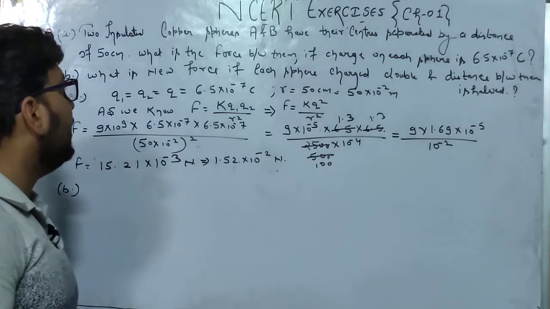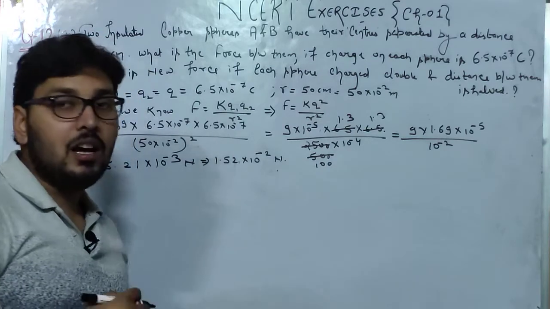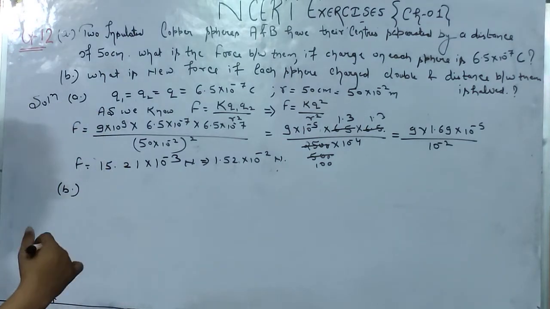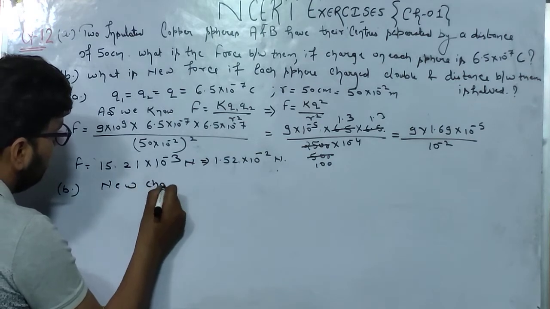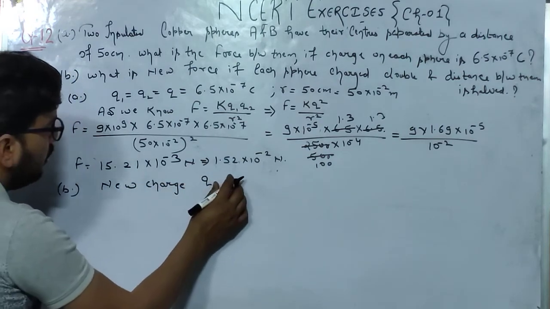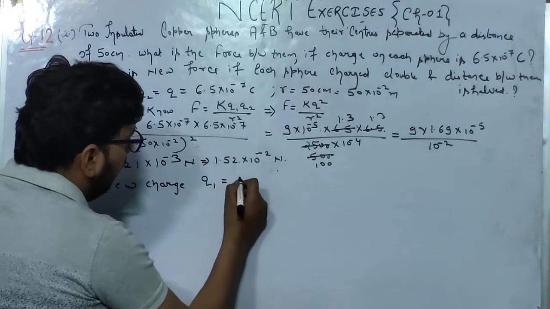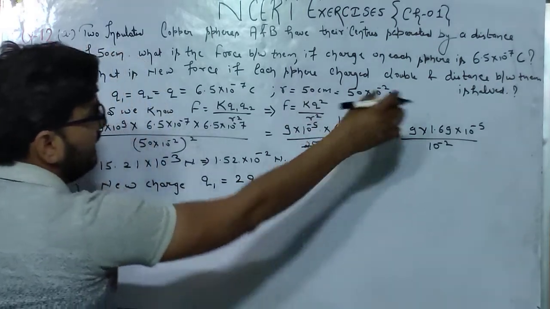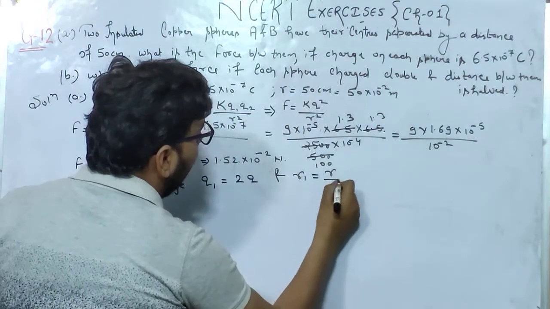What is the new force if each sphere's charge is doubled and the distance between them is halved? If we make the charge double and the distance between them half, then the new charge Q1 will be equal to 2 times Q, and the distance between them is half, that means R1 is equal to R by 2.